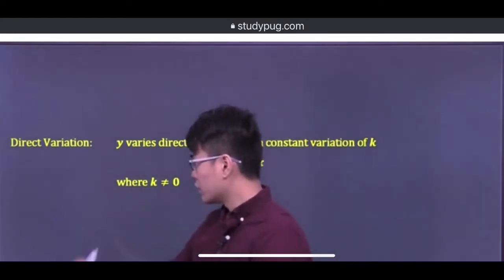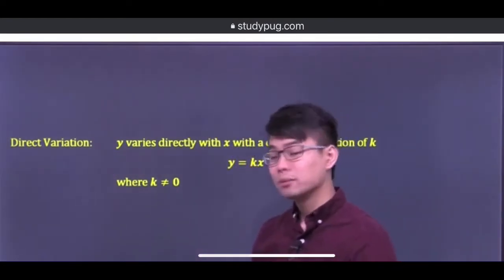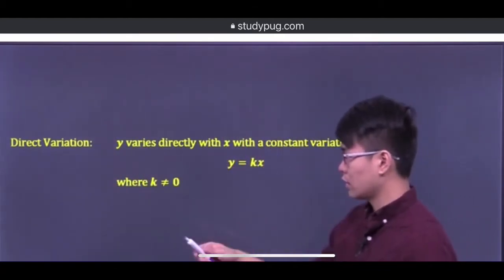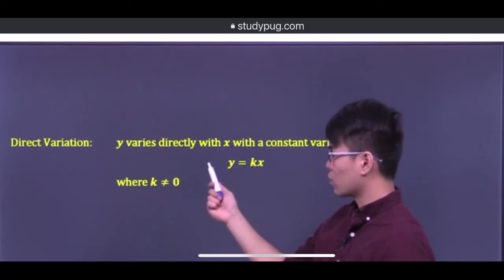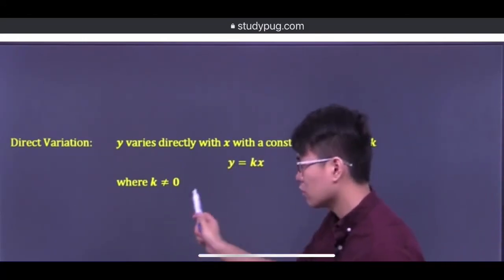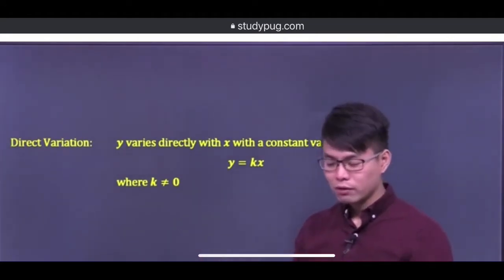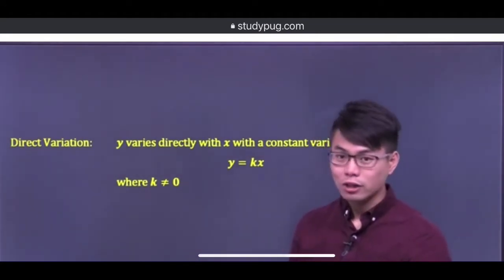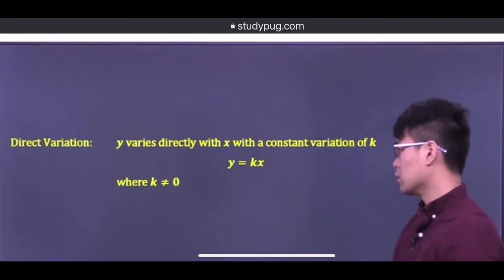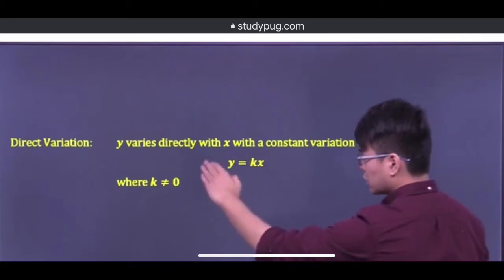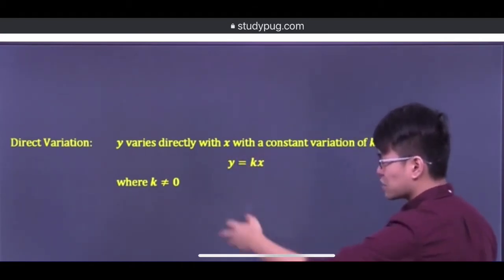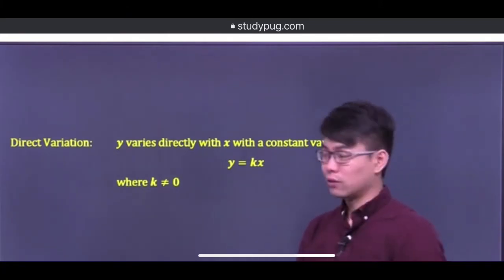In order for an expression to be considered a direct variation, we need this to hold: y varies directly with x, with a constant variation of k, where k cannot be 0. K can be a positive number, negative number, fractions, decimal numbers. It just can't be 0. So as long as this relationship holds, as long as this equation is satisfied, we have a direct variation.